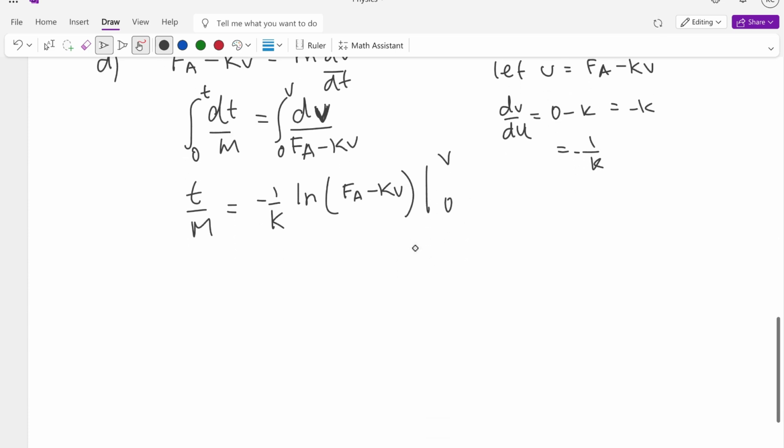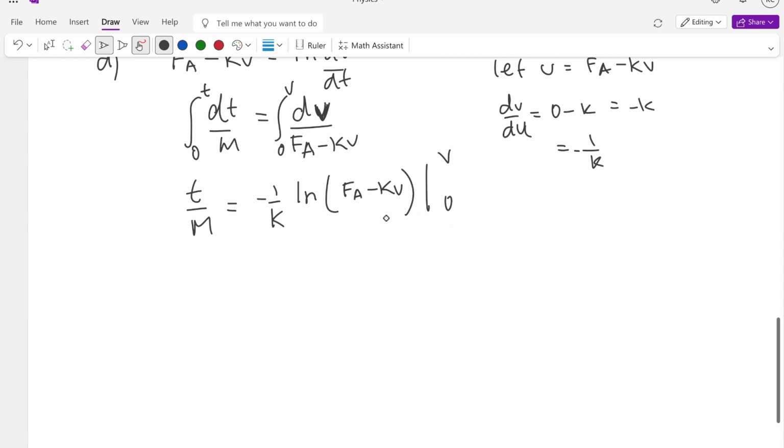Now we just use the properties of logarithms and resolve this integral. So we're going to have t divided by m. Actually, I can just move the k to the other side, so I have negative k t over m. And that's going to be equal to my natural log of, if I plug in the upper bound v into this equation, natural log of f sub a minus kv, minus, if I plug in 0, I would just have f a.